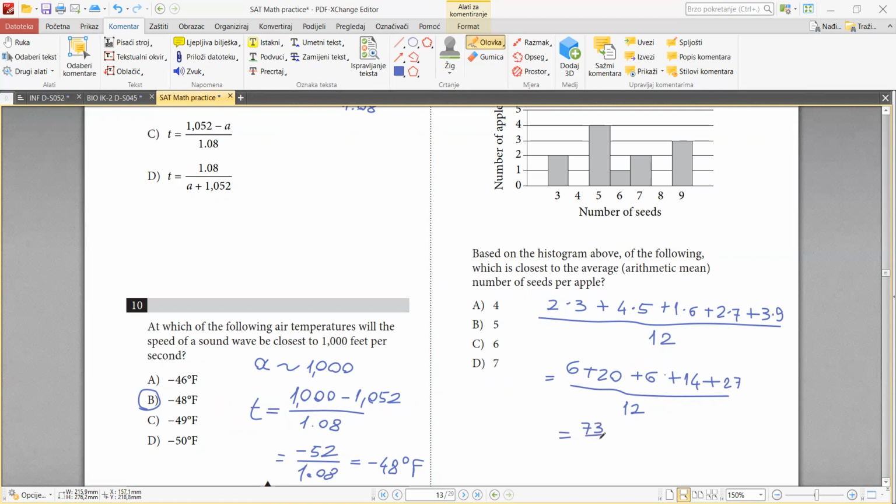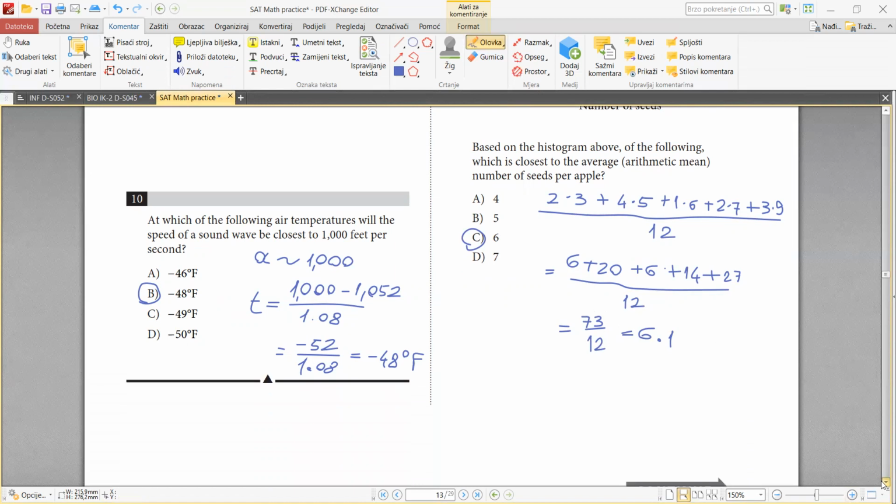And this is 73 over 12, which is 6.1. So we'll select answer C.